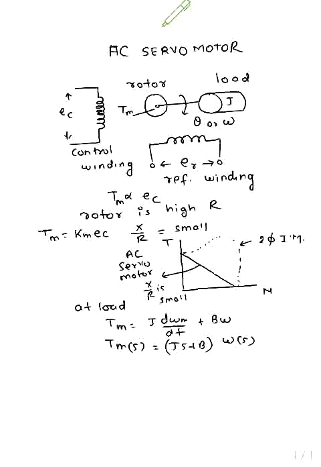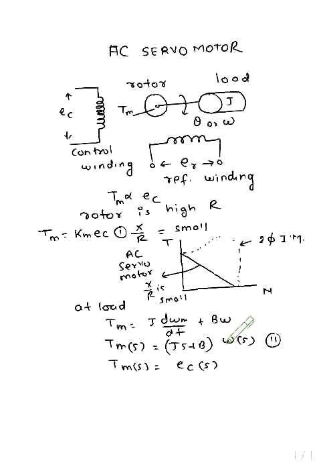And also we know that Tm(s) is equal to Km times EC(s), from equation number 1. This is equation number 2.